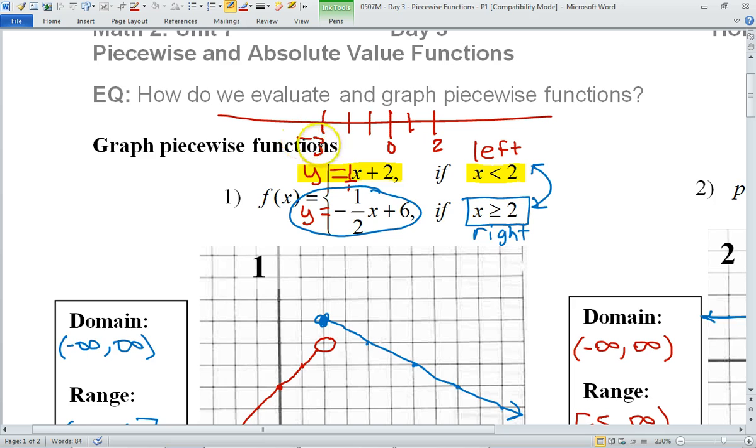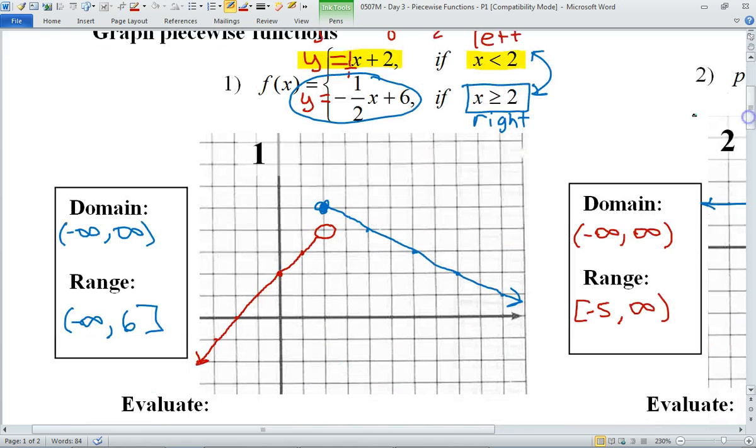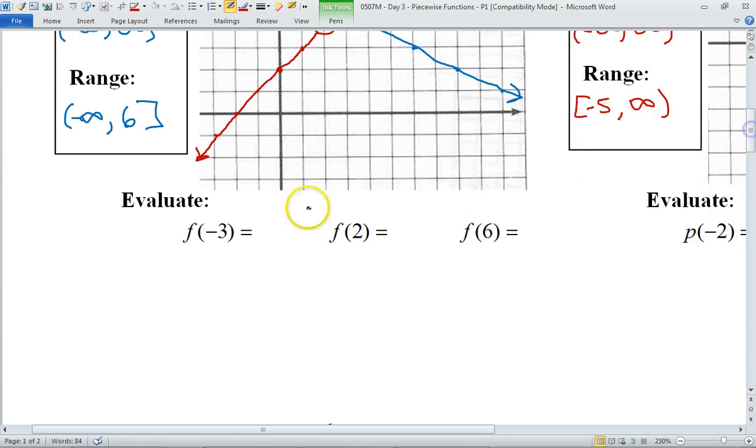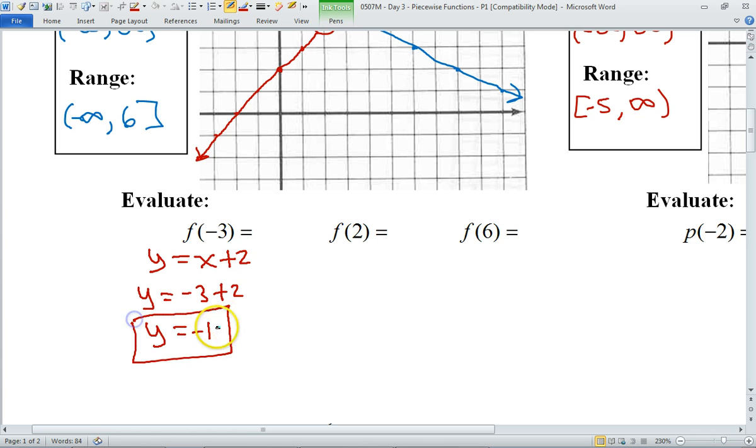There's -3. It's to the left, so it's less. Think of it that way. So -3 is less than 2. That tells us to use the top function, y equals x plus 2. So for this one, we use y equals x plus 2. This becomes y equals -3 plus 2. This becomes y equals -1. Okay? That's how you do it.